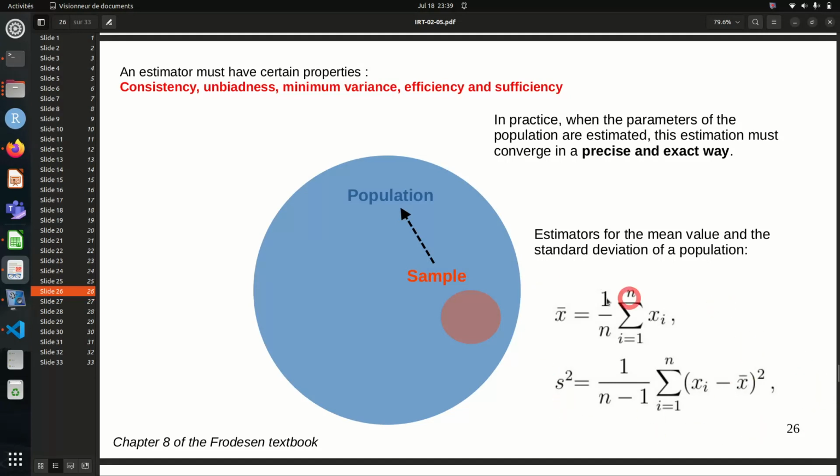So these equations here are a consequence of having an estimator that is consistent and unbiased, etc. If you ask where that comes from, it comes from the fact that we need an estimator that targets the population.